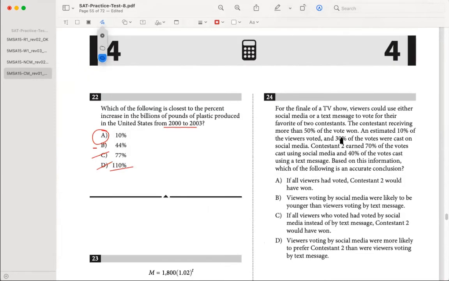Okay, moving on. Okay, an estimated increase of 10% voted. 30% was cast on social media. Contestant 2 earned 70% using social media and 40% using text messages. So fun. Okay. 12 years voted. I don't think you can infer that.